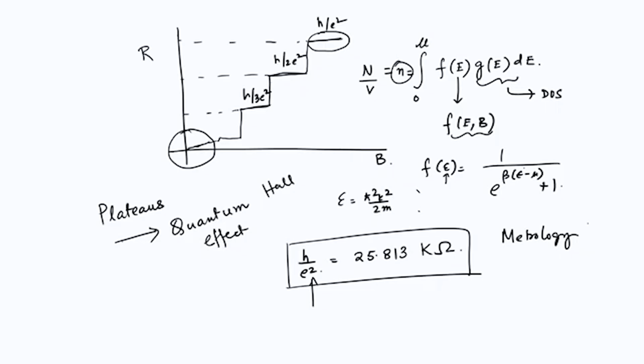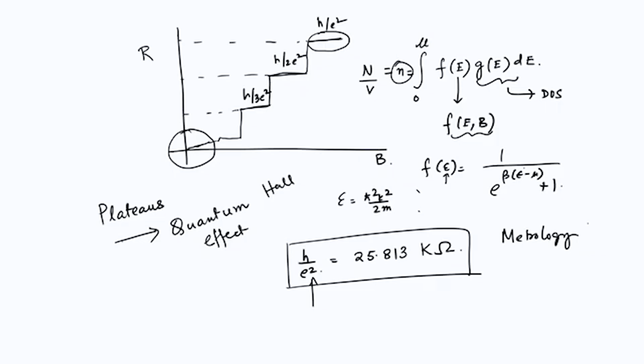And this experiment, think of this, is done in the lab. Of course, we are talking about low temperature and large magnetic field, but they are still accessible. Low temperature means liquid nitrogen temperature or liquid helium temperature, if you want to go to still lower values. Liquid helium temperature is about 4.2 Kelvin and liquid nitrogen is about 77 Kelvin. These are low enough temperatures for this specific kind of experiment.